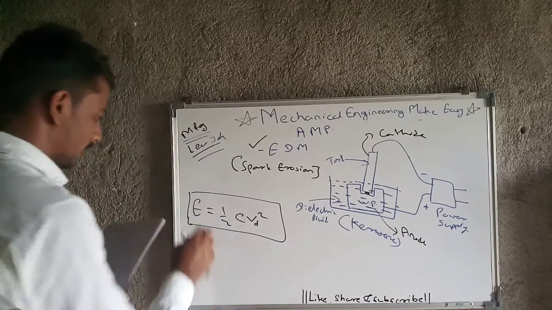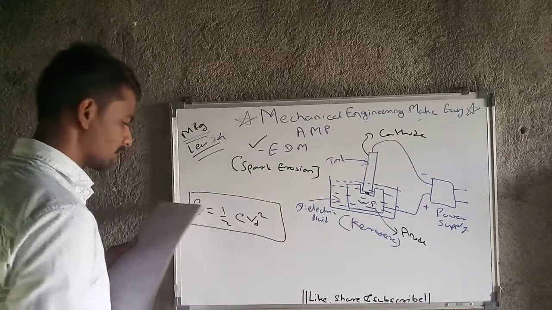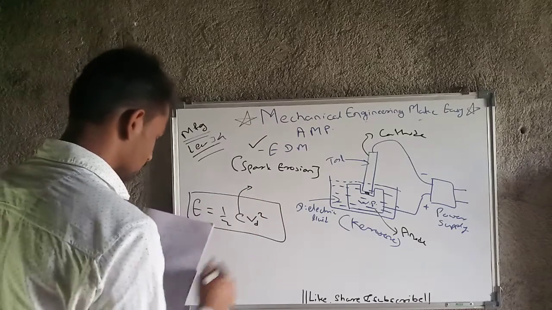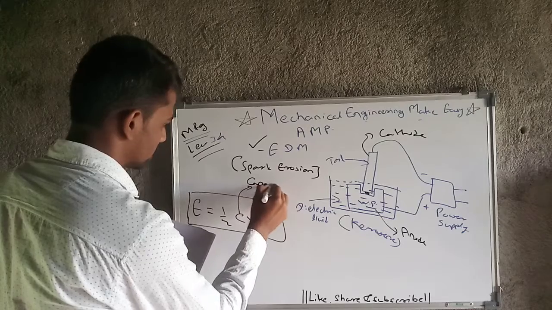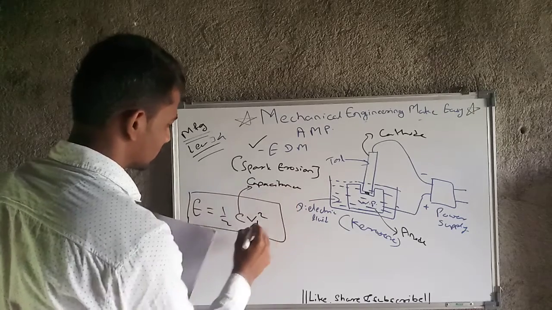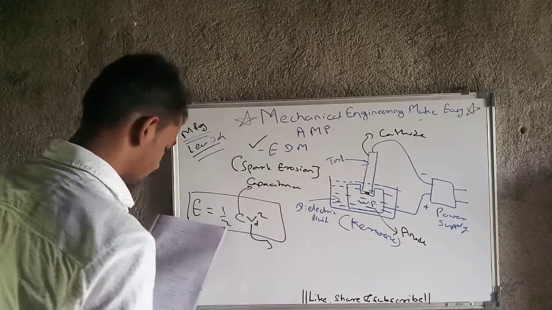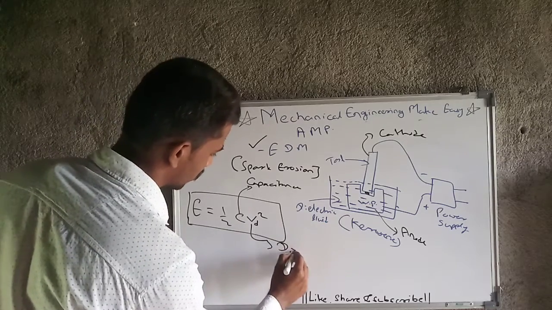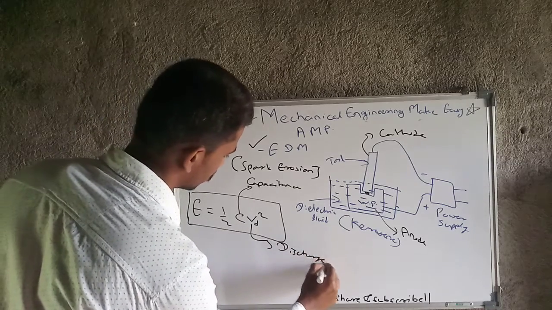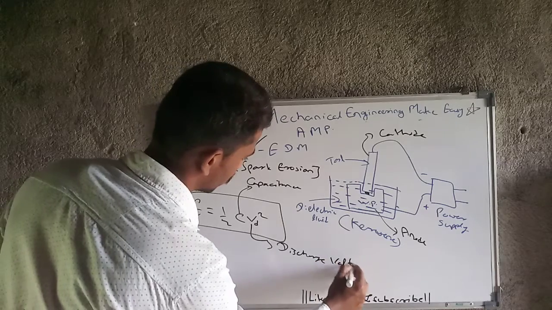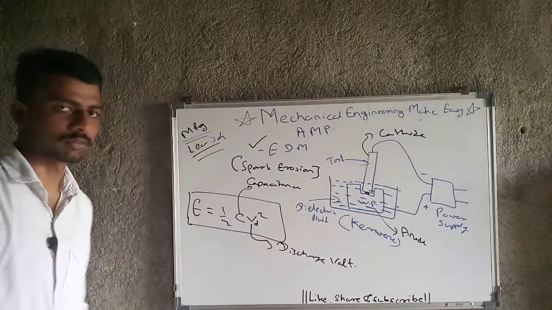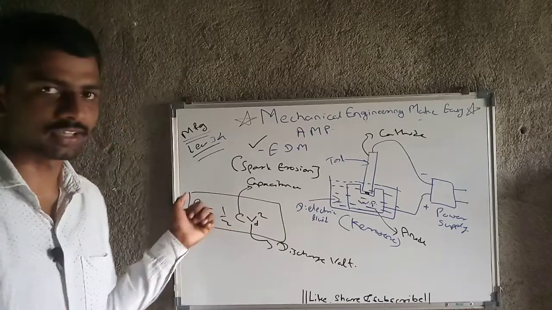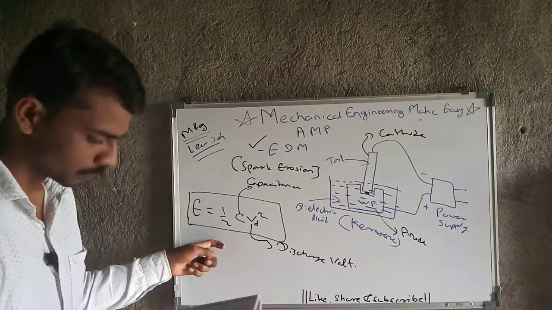So E is nothing but energy release per spark, C is nothing but capacitance, and Vd is discharge voltage or sparking voltage. So C is capacitance and E is energy release per spark. So note down this formula.